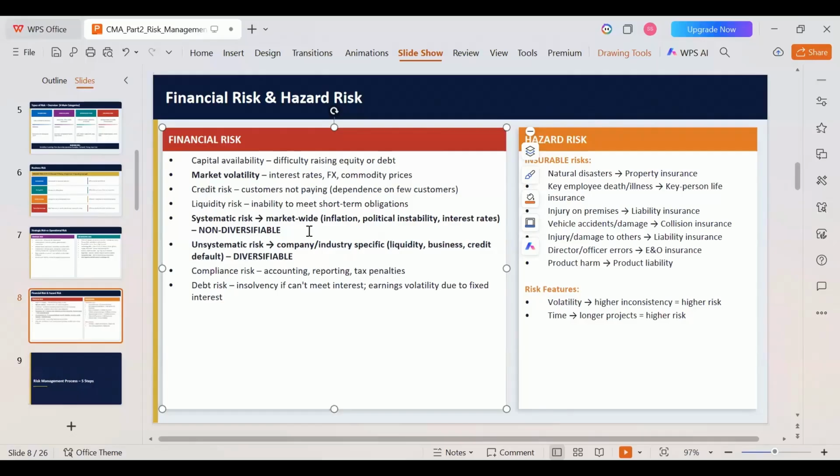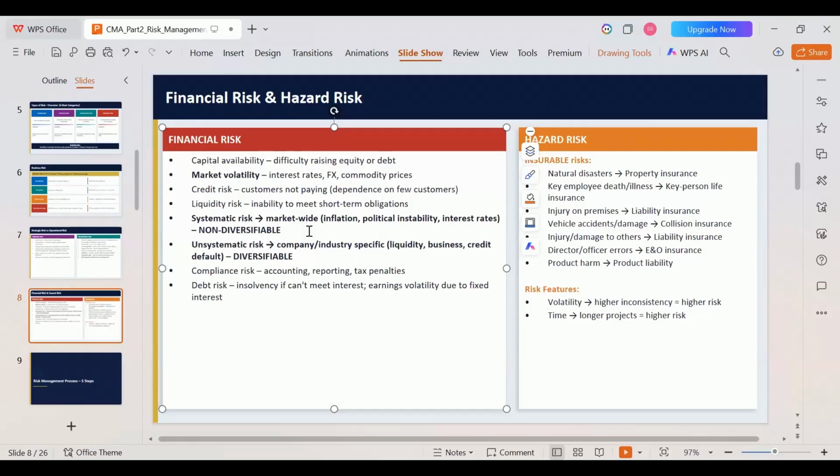If sector X is facing any risk, and there is another sector called Y, and Y doesn't have this risk, I will withdraw some of my investments from sector X and invest in sector Y. This is called diversification. Now, when all the sectors are facing the same risk, we can't diversify it.